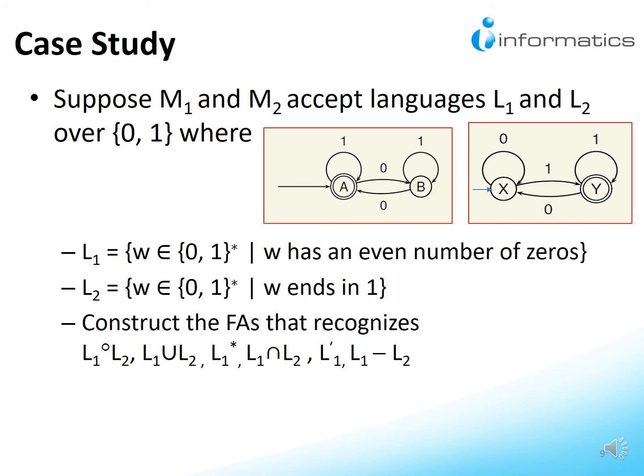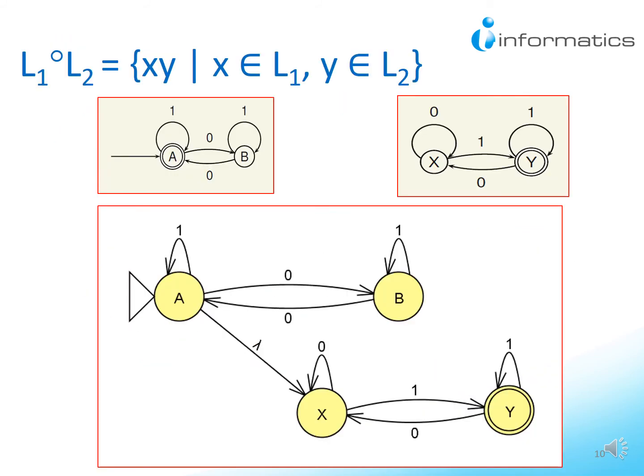Based on these two machines, we would like to construct finite automata that recognize L1 concat L2, L1 union L2, and so forth. Let's start by looking at the concatenation operation.